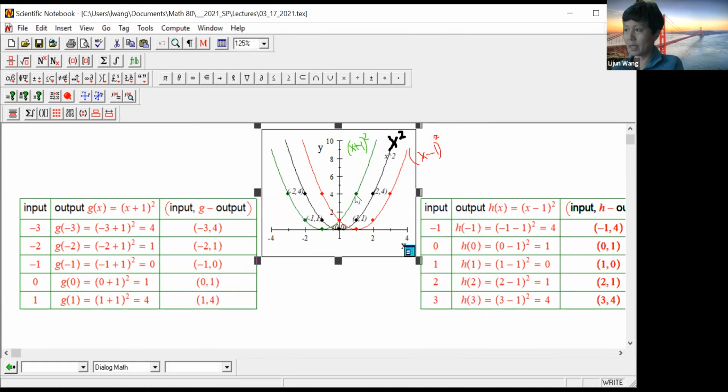Okay. All right. I think this marking is better. Please, could you please write it down? So what have we seen? We see the shifting, right? How does it shift? If it's x plus 1, it's shifted to the left.